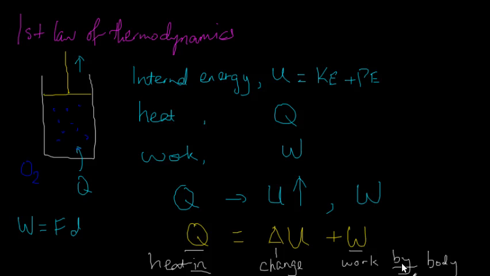So if it's the work done on the body instead, where you're compressing it, I should use a negative sign for the work. And I should also mention that the way I have defined this is only one way to do it. If you look into books, or if you talk to other people who know physics, they may prefer to define Q as the heat going out, or define the work as the work done on the body instead of by the body.